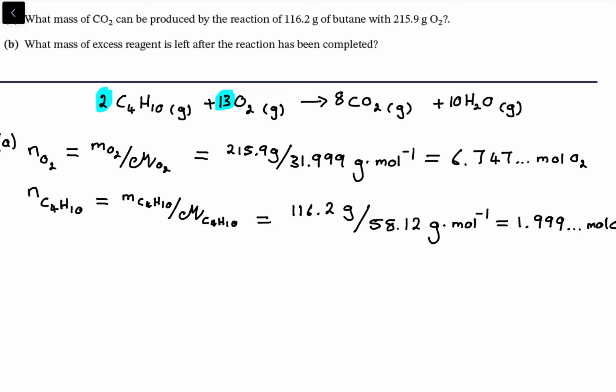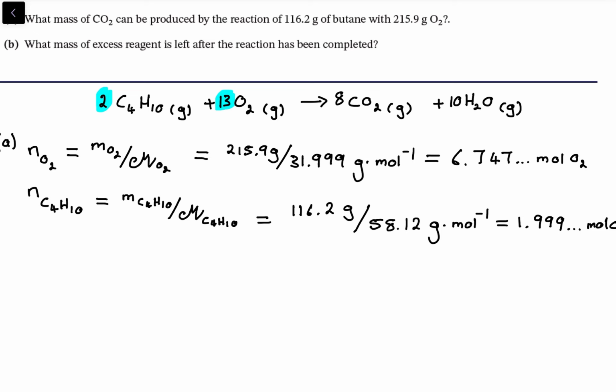The question is, do we have 13 mole of oxygen? No, we only have 6.7 mole. So it means there's too little oxygen to react with all 2 mole of butane. Put differently, how much butane does 6.7 mole of oxygen react with?